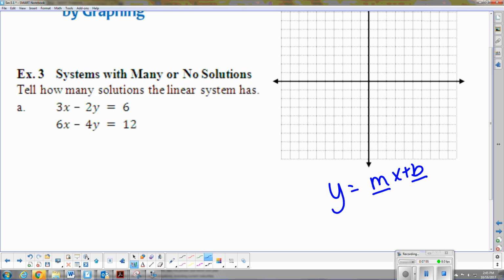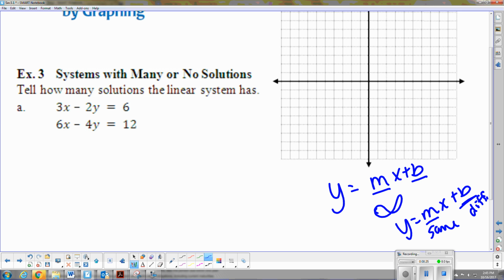That means infinite solutions. If you end up with y equals mx plus b, where the slope is the same, but this b is different, then what do you have? No solution. Why do you have no solutions?